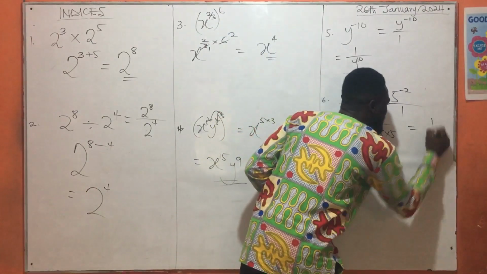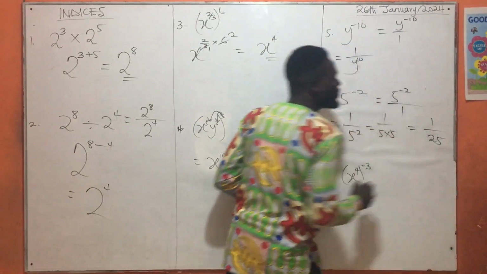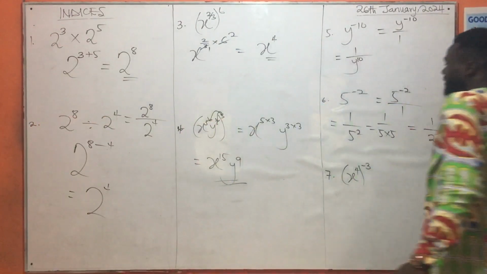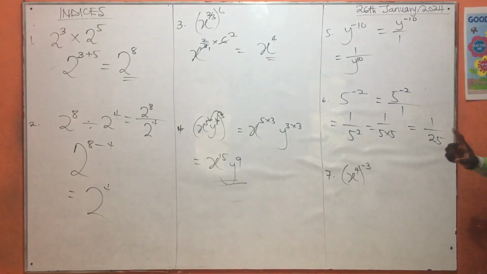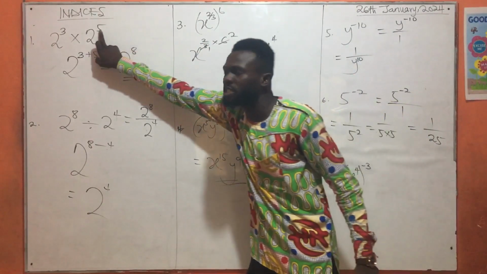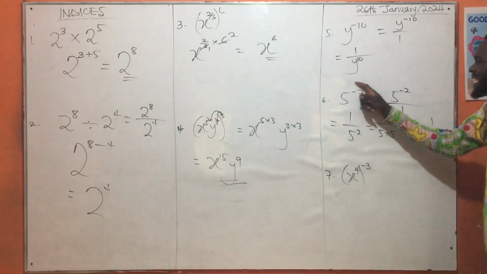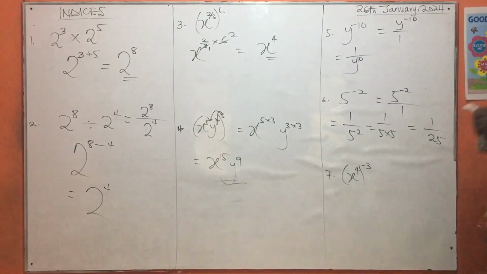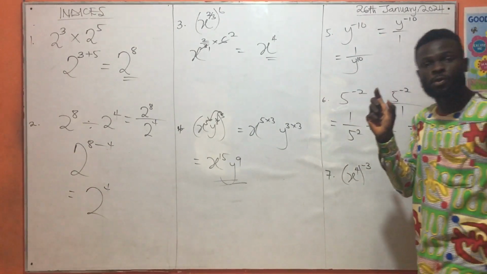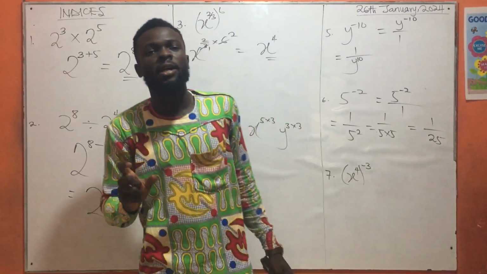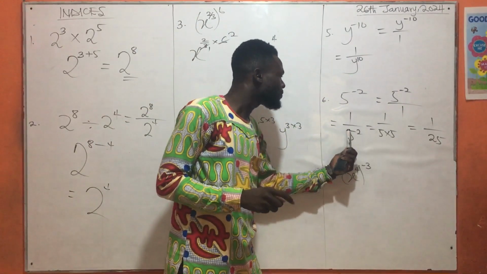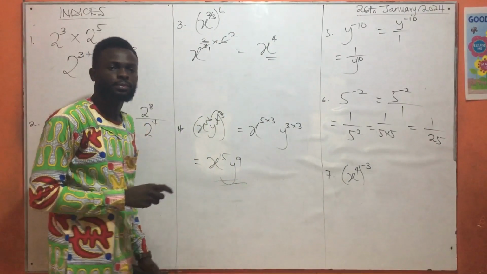And that gives you an answer of 1 over 25, simplified. So what you should know is that a power can be negative and a power can be positive. But when the power is negative, we reciprocate the base and get rid of the negative in front of the power. And that gives you 1 over 5 squared.